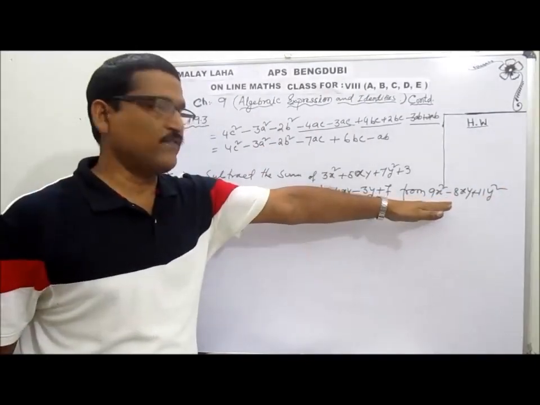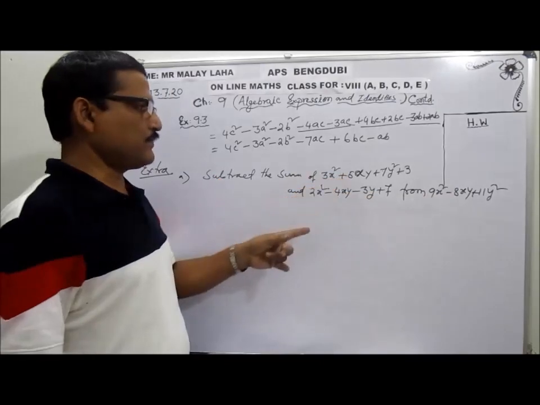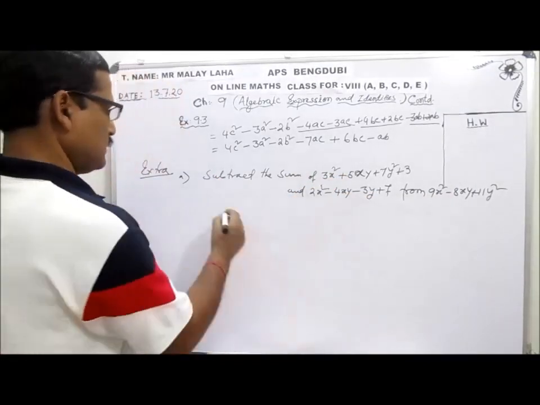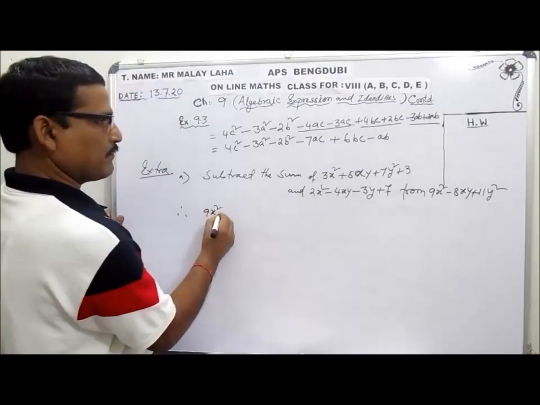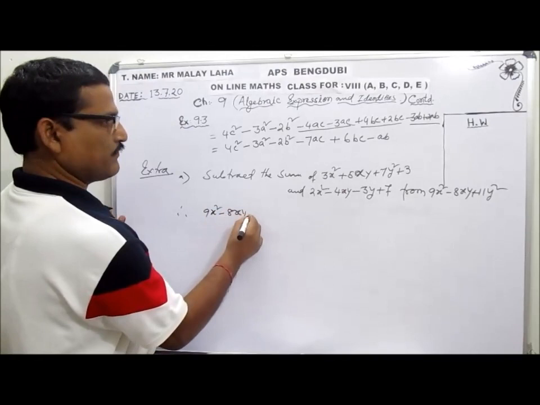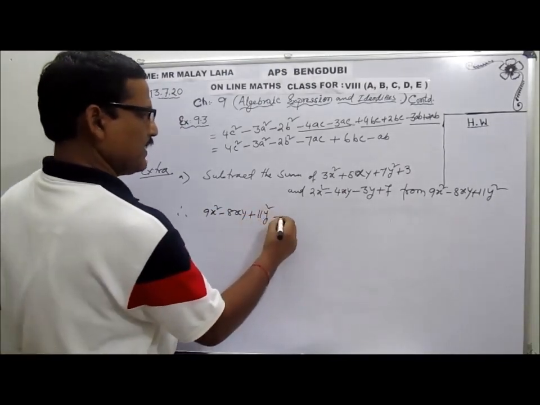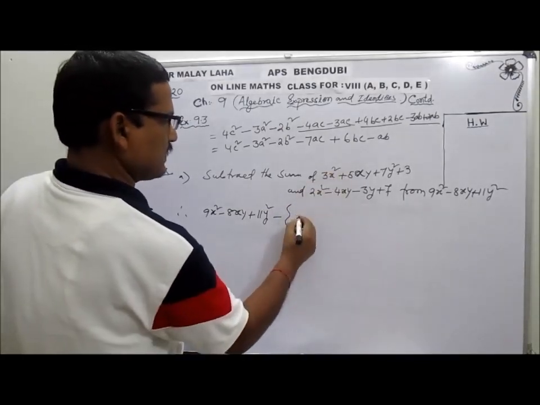From, I have to write first. Okay, here. And then these two expressions we have to add. Clear? So therefore, 9x square minus 8xy plus 11y square minus, in bracket you find out the sum.